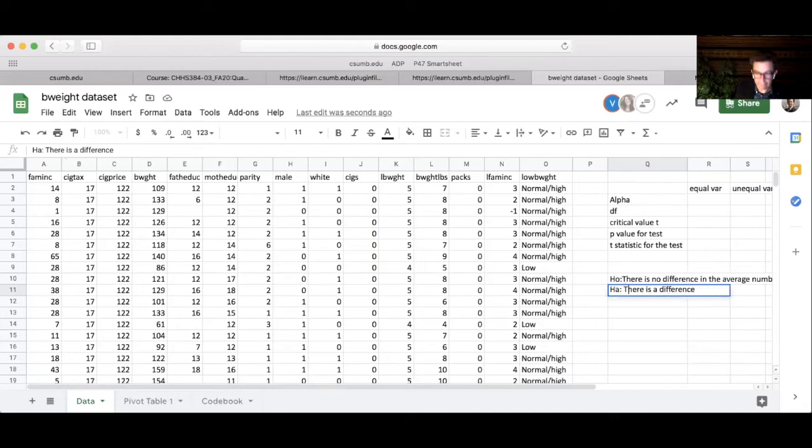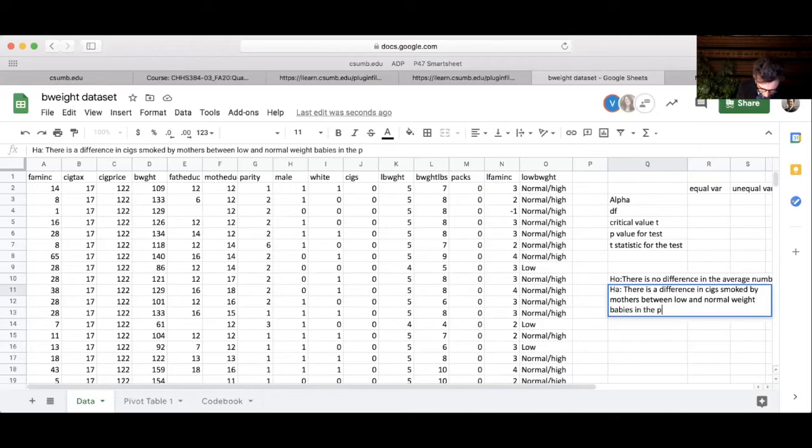And the alternative will be that there is a difference in cigarettes smoked, right? Between low and normal weight babies in the population.